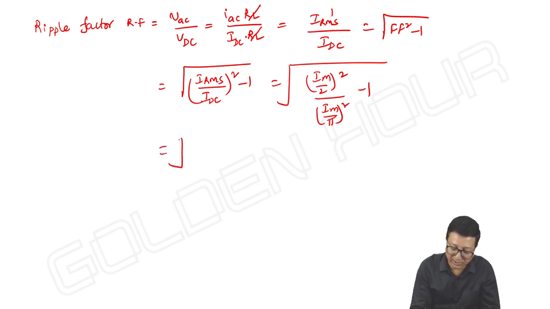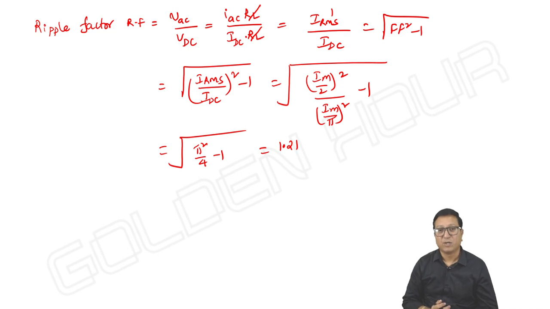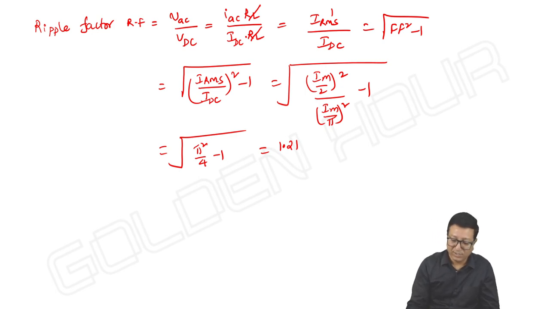It is further written as square root of pi square by 4 minus 1. If you further calculate it, it is 1.21. It is a standard value of a rectifier. It's not dependent on the time period or the amplitude of the secondary voltage or the output voltage or the load current. Once the waveform of the signal is like this, then the ripple factor is 1.21, independent of its amplitude, time period, etc. It's a standard value.